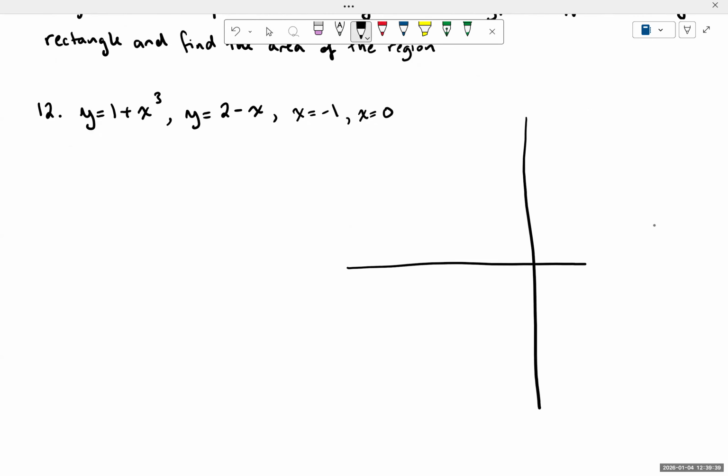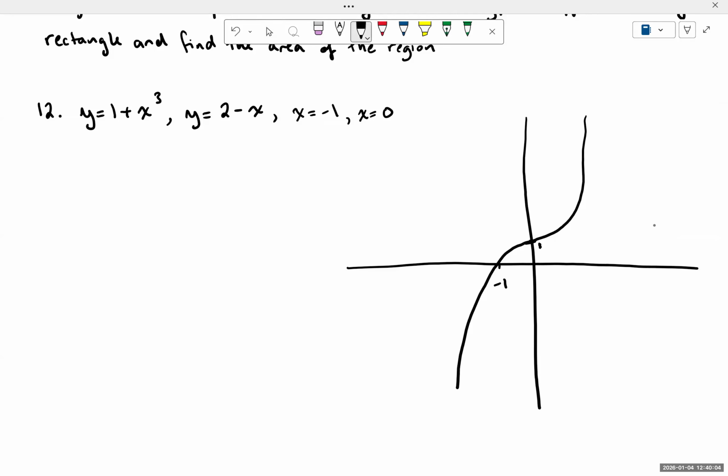So y equals 1 plus x cubed. That's x cubed plus 1, so it's x cubed, and I'm moving it up 1. So here's 1, this is also -1 actually. Let me write it down properly. This is y equals 1, and that's x equals 1.